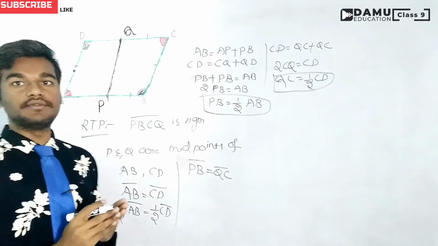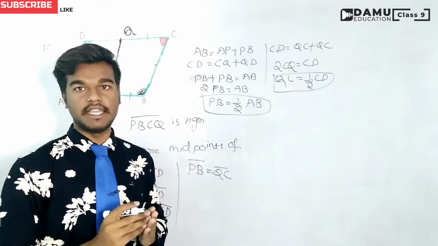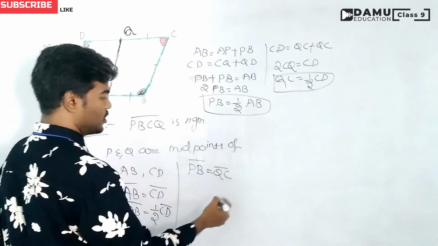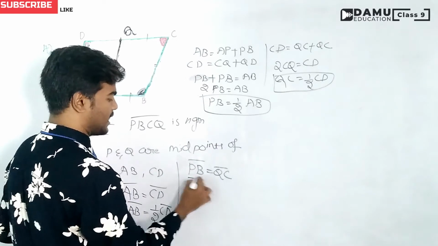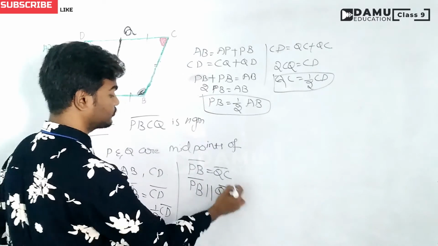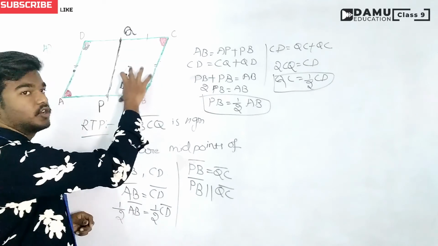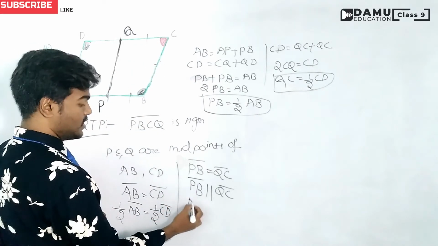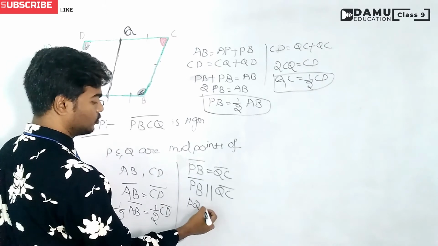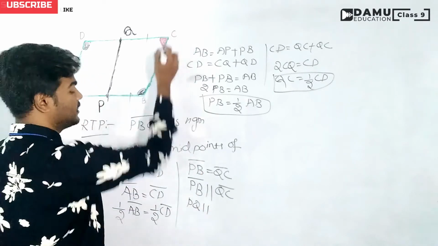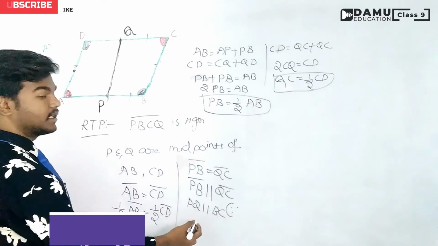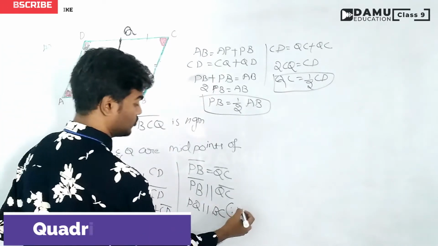So here, as we know, these two sides are equal. In a parallelogram, opposite sides are parallel, so PB will be parallel to QC. Why? Because it is making a parallelogram. Then PQ will be parallel to BC, since BC is parallel to AD.